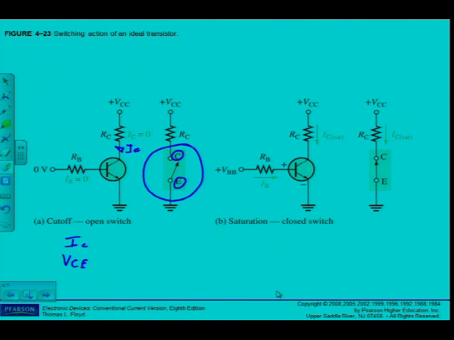Okay, so when it is in cutoff, we've seen the value of IC, because of the formula that says IC is equal to beta DC times IB. If IB is equal to 0, then of course IC will also be equal to 0.